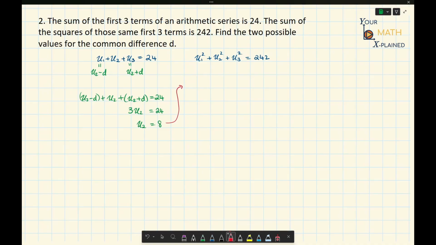But again, we're going to express u sub 1 and u sub 3 in terms of the second term and the common difference d. So we end up with (8 minus d) squared plus 8 squared plus (8 plus d) squared is equal to 242.